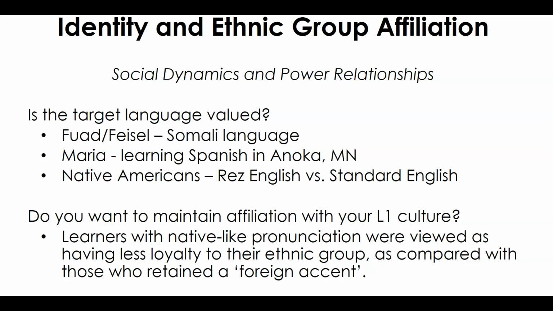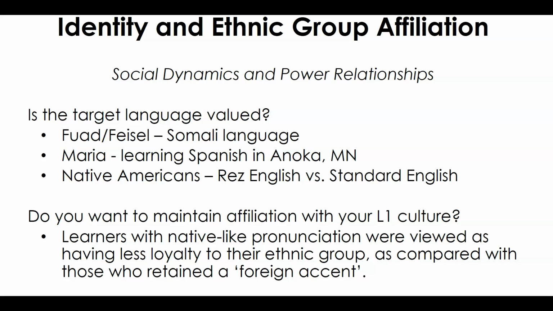Learners with native-like pronunciation were viewed as having less loyalty to their ethnic group as compared with those who retained a foreign accent. So keeping this in mind, a lot of motivation, ability, and success in learning a new language has to do with those social dynamics and power relationships, your identity, and your ethnic group affiliation.